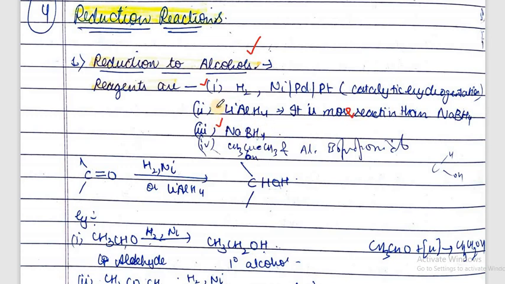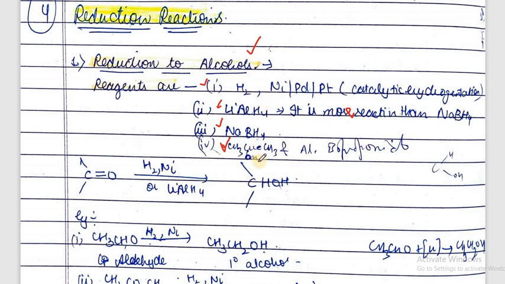Third, sodium borohydride can also be used, and fourth, isopropyl alcohol can be used in the presence of aluminium isopropoxide. So we have different reagents which can be used for the reduction of aldehydes and ketones to alcohols.